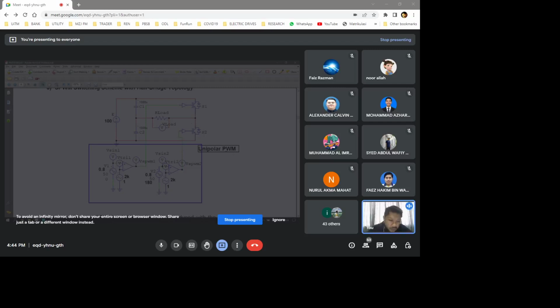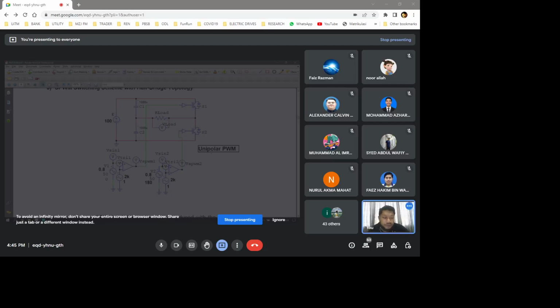So, unipolar PWM is pulse width modulation. If you have already taken the communication subject, you're going to see these pulse width modulation signals.